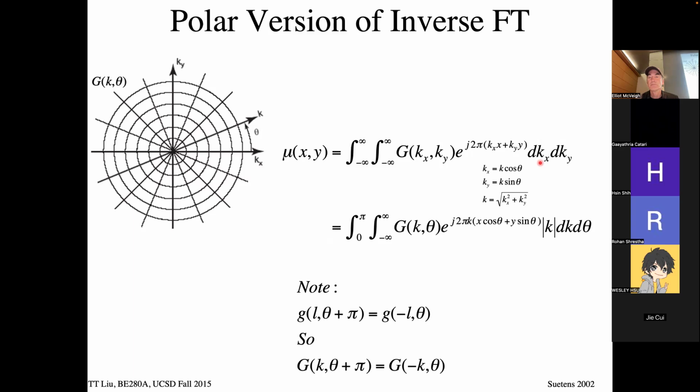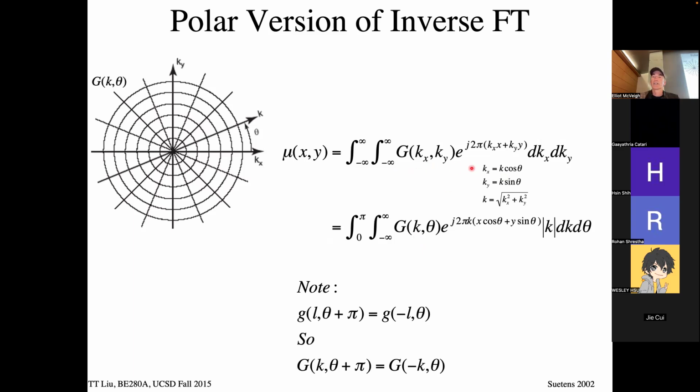But instead of doing it with the function we don't have, we have this function, which we've sampled. So in order to use it for an inverse Fourier transform, we have to do the inverse Fourier transform in polar coordinates.